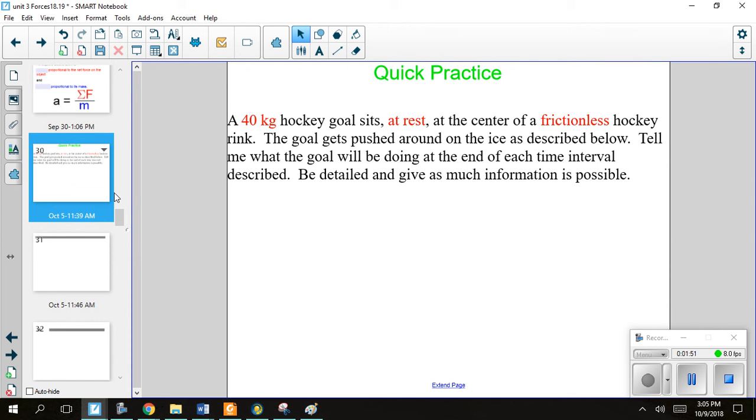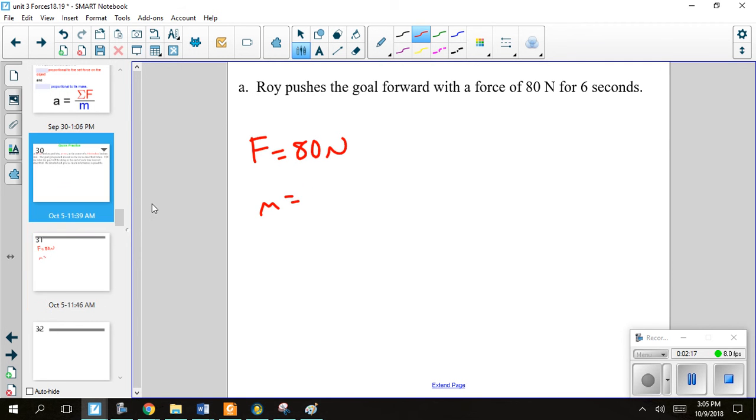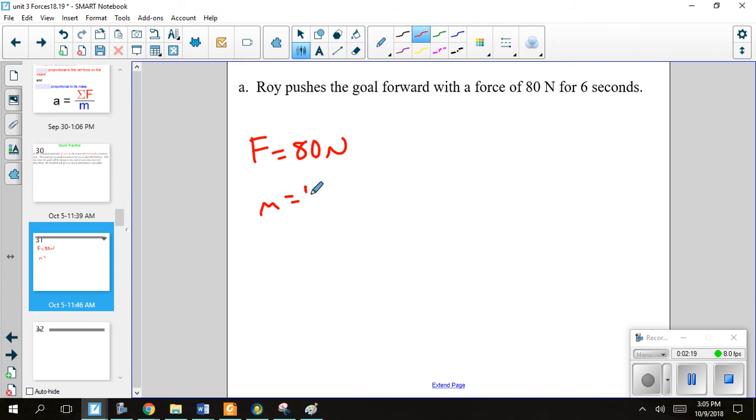Alright, so let's picture this. We have a 40 kilogram hockey goal, at rest, sitting on a frictionless or near frictionless hockey rink. Roy's going to push the goal forward with 80 newtons for 6 seconds. So our force equals 80 newtons, and our mass equals 40 kilograms.